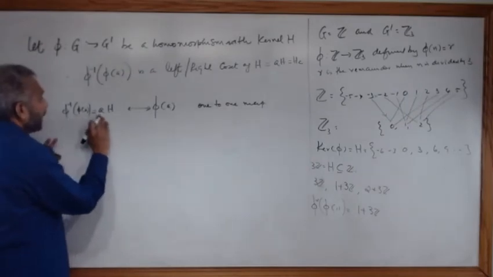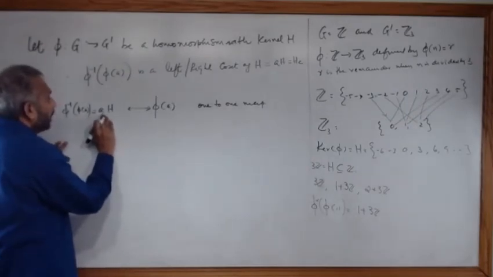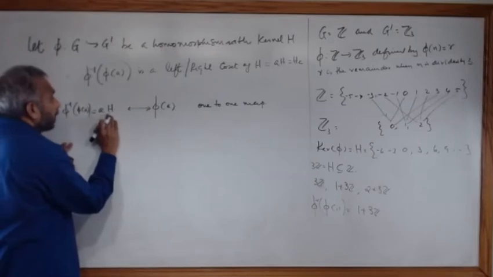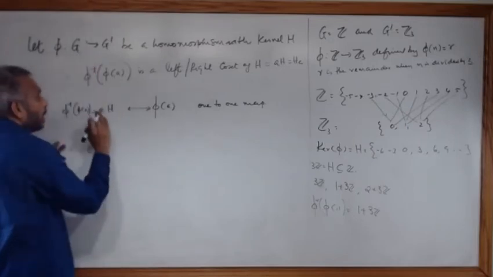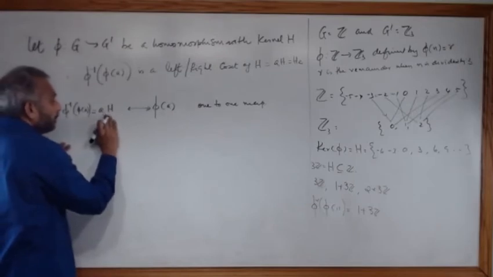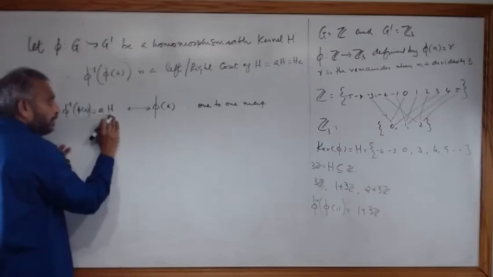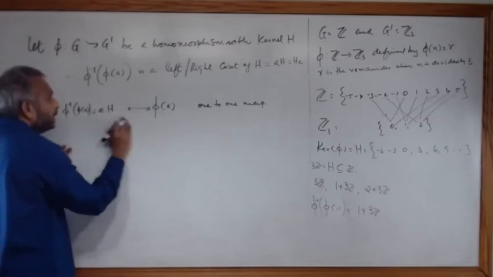because this is a subset of G containing a, and if you take any element of this, it is going to be the same.